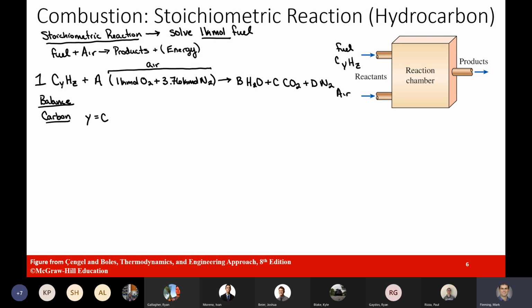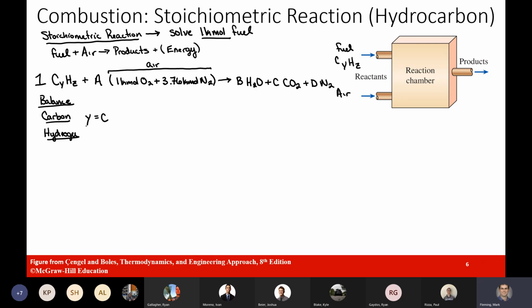So if we have a high carbon fuel, a large amount of CO2 will be generated. Kind of a cool observation. After we have the carbon, we can move on to the second one, which is the hydrogen.